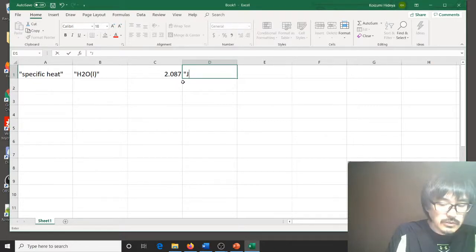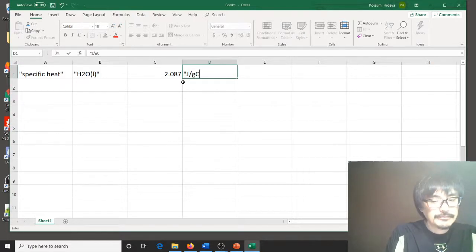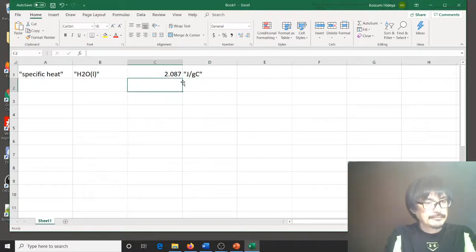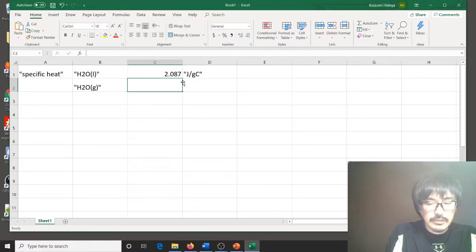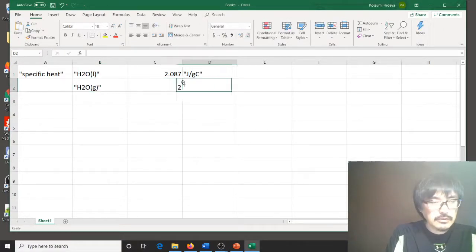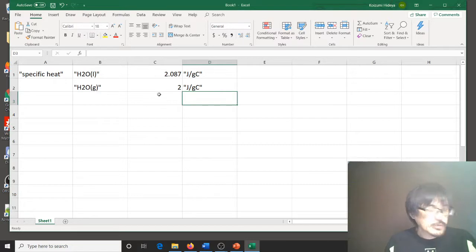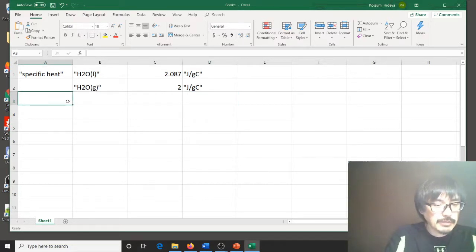Joule per gram degree Celsius. The same with H2O gas, the specific heat is 2.000 joule per gram degree Celsius. Yep, that's good. So those two things we need, and then also we have enthalpy of vaporization, right?